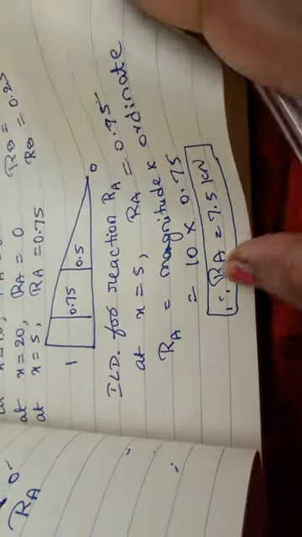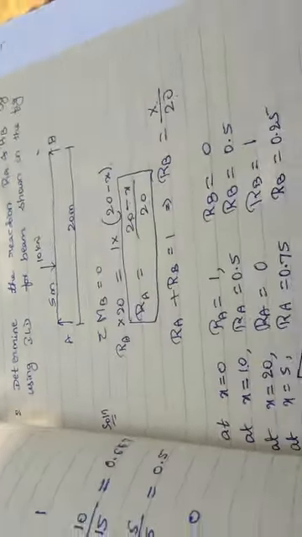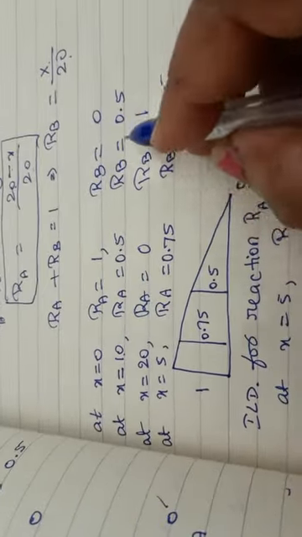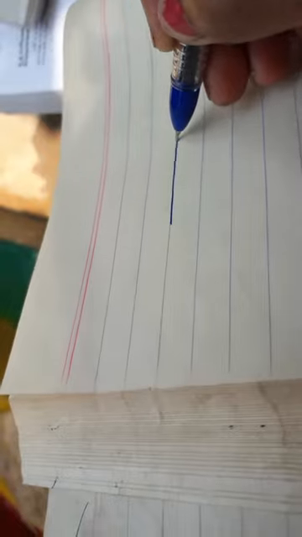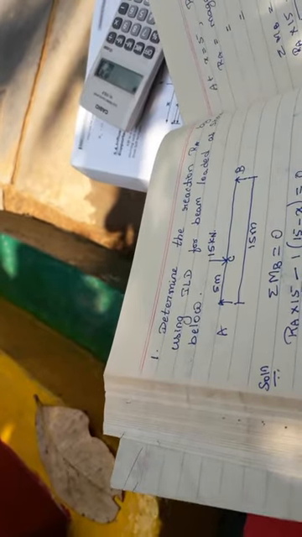Here in this question they asked to find out the reaction RA and also RB. So, we will calculate for RB. We have to draw the influence line diagram for RB. So, it is like this. For RB we have to draw the ILD. At X is equal to 0, RB is equal to 0.